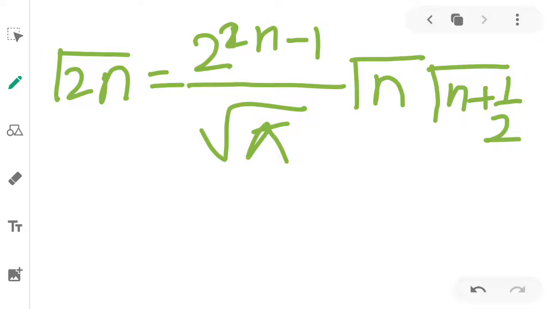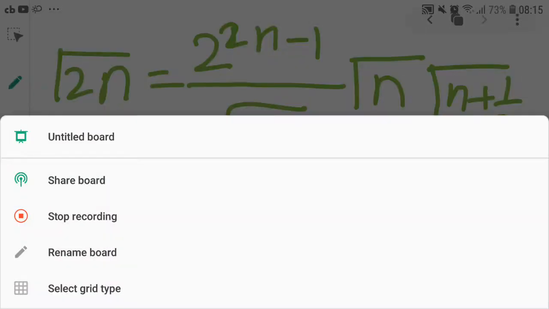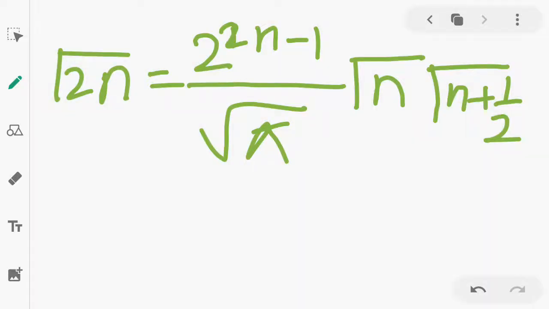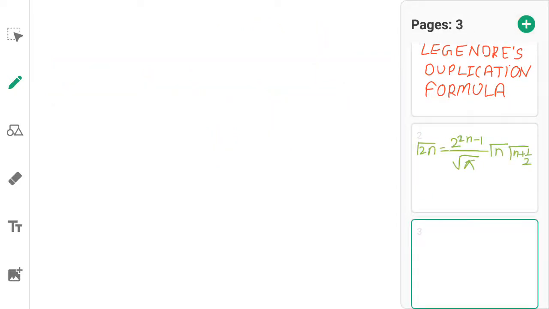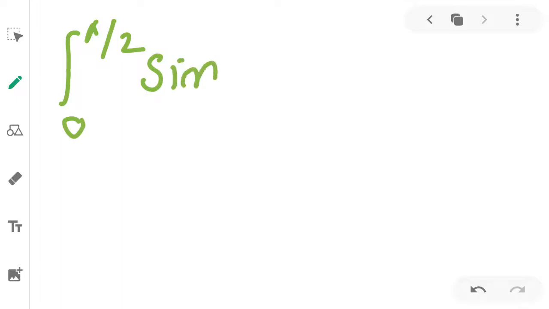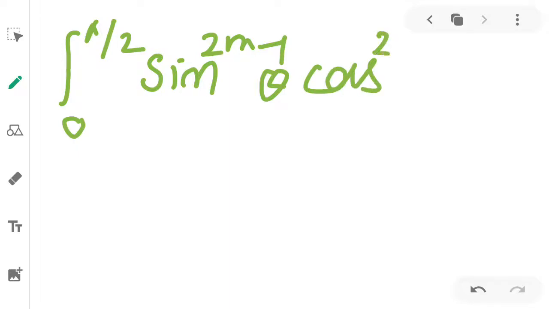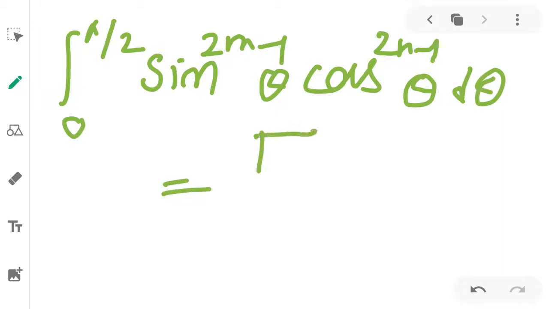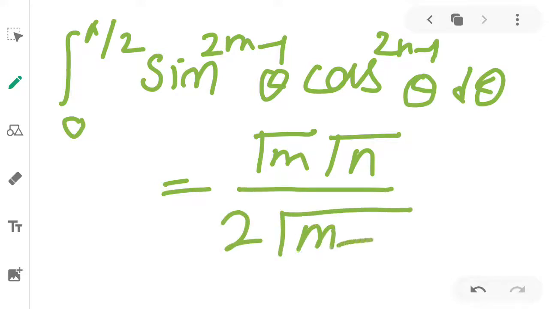Okay, now we will prove this formula. Let us know how we will prove this. For this, we will use the result: integral 0 to pi by 2 sine to the power 2m minus 1 theta cos to the power 2n minus 1 theta d theta is equal to gamma m into gamma n upon 2 times gamma of m plus n.